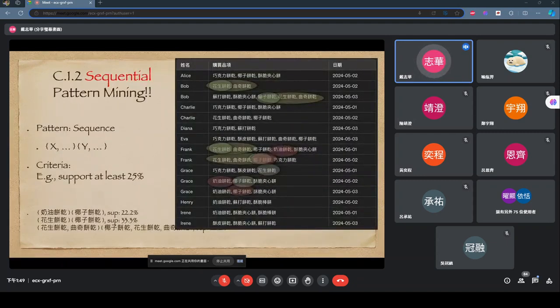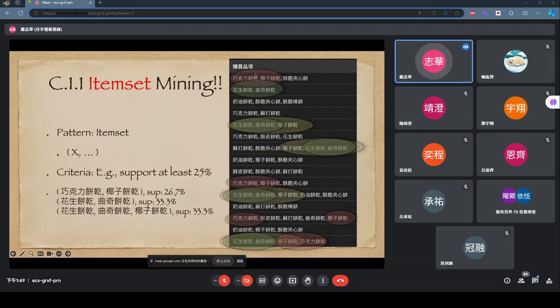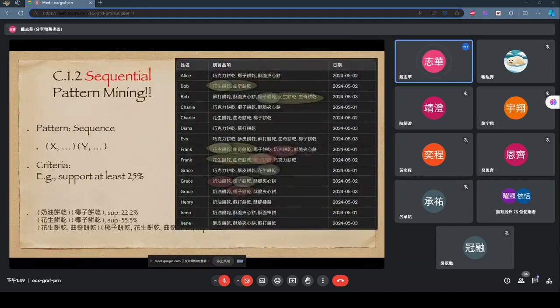Let me give you another form of mining. Here, in item set mining, I don't care about who made the transaction. I just concern the transaction. But of course, we could concern who generated the transaction. For example, here we could see Alice has a purchase. Bob had 2 purchases.